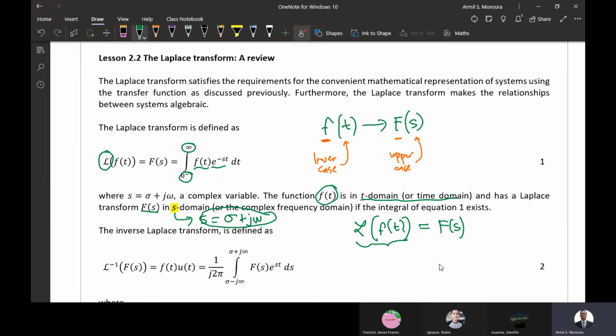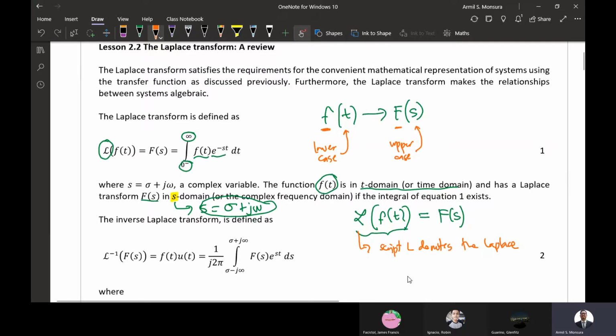Those are our notations. This script L denotes the Laplace transform operation.